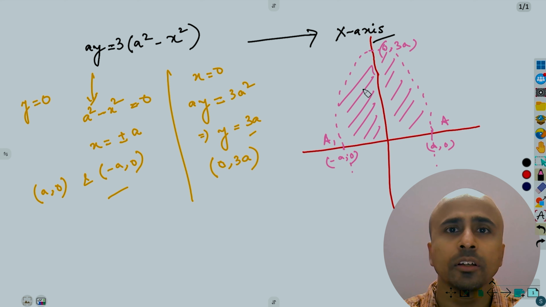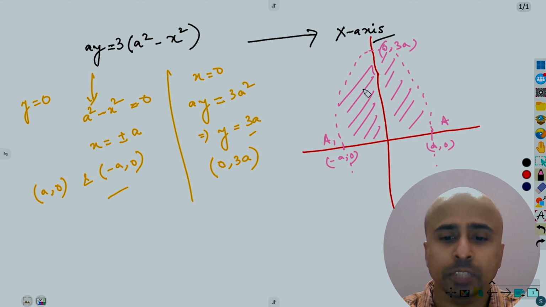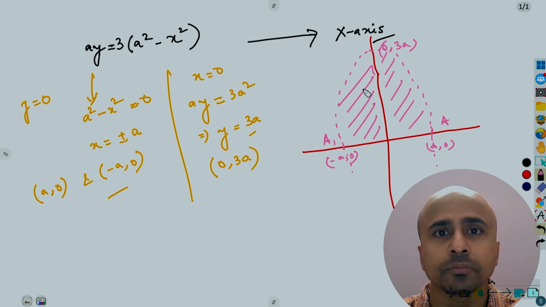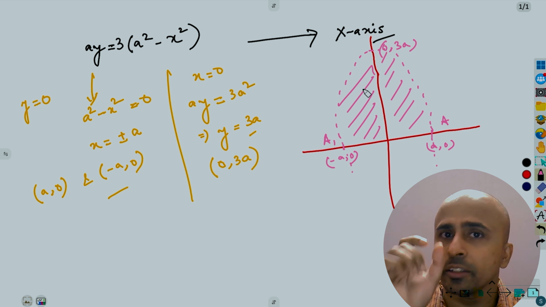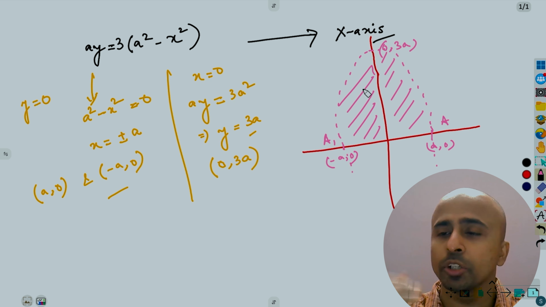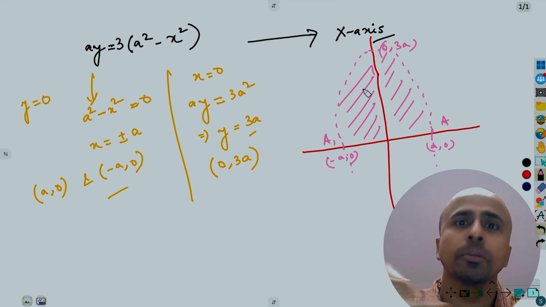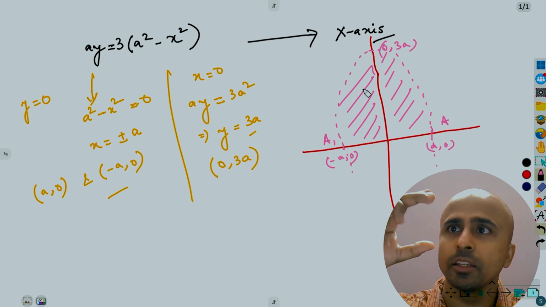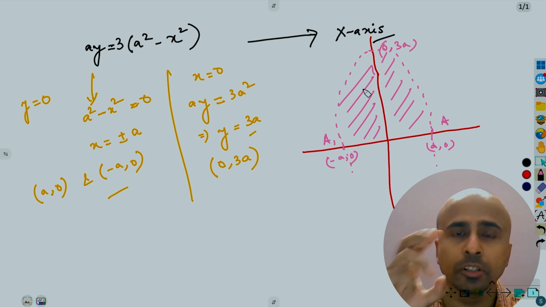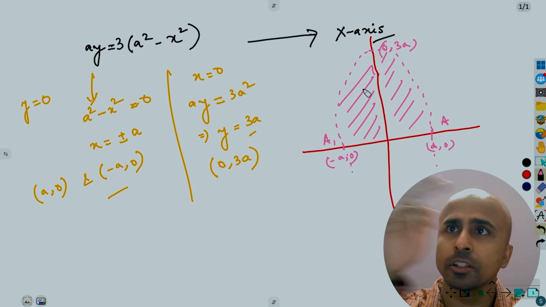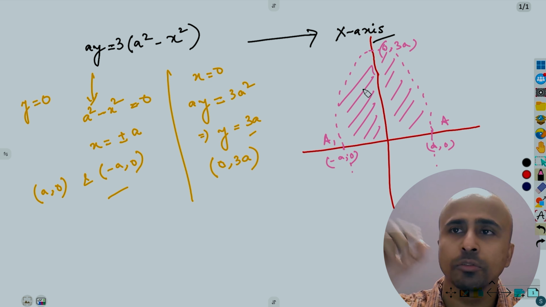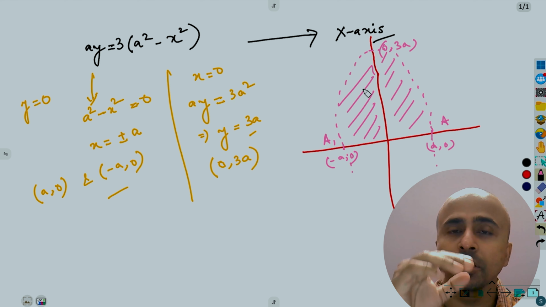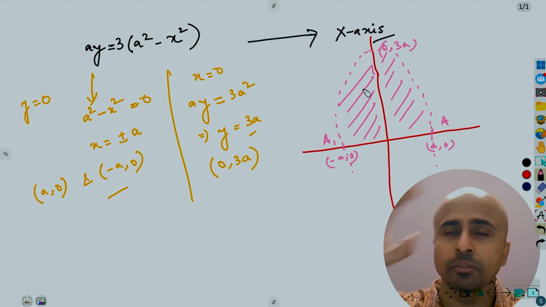Like in the last problem, the loop problem, we evaluated the area in the small part, and since the rest 3 parts are symmetric, we just multiplied by 4. In the case of a circle, we take the area of the first quadrant part, then multiply by 4, because there are four symmetric parts that look similar to the first quadrant.